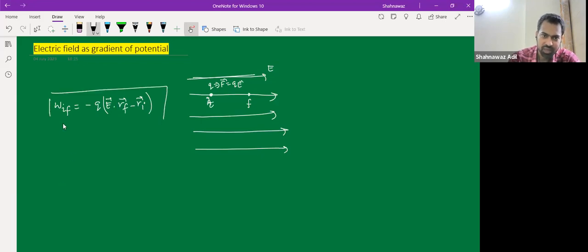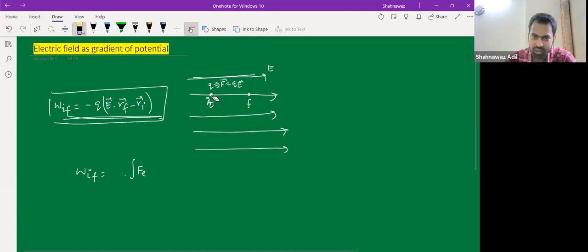Aisha? Yes, sir. So if this field is not uniform, then the above is for the uniform field, and this is minus F external, not minus. This work is done by the external electric field. We have to apply an external force on this charge to do some work, right, Aisha?